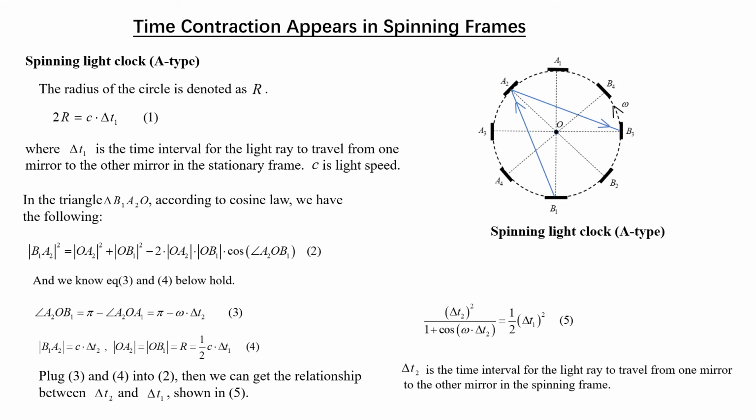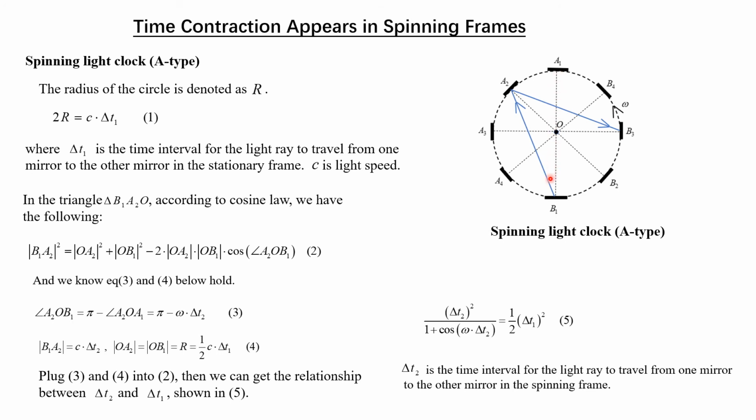Here we show how time contraction happens in the A-type spinning light clock. Geometrically, we can see here that the distance between B1 and A2 is smaller than the distance between B1 and A1.